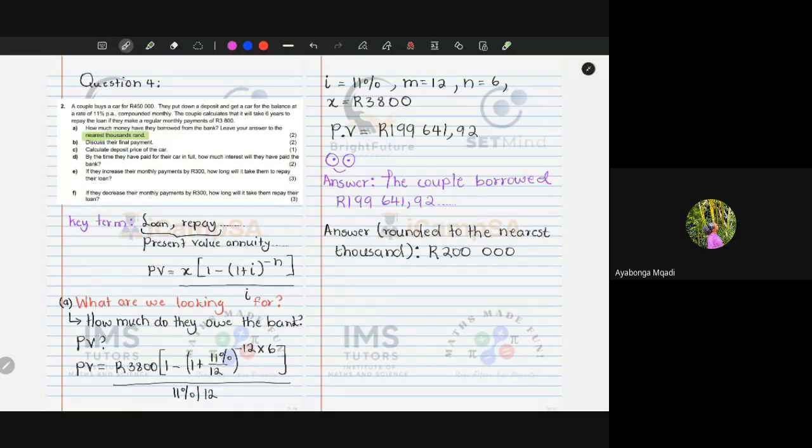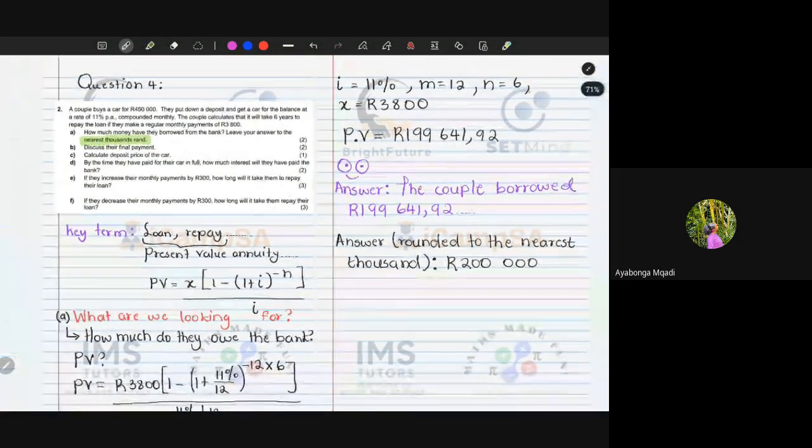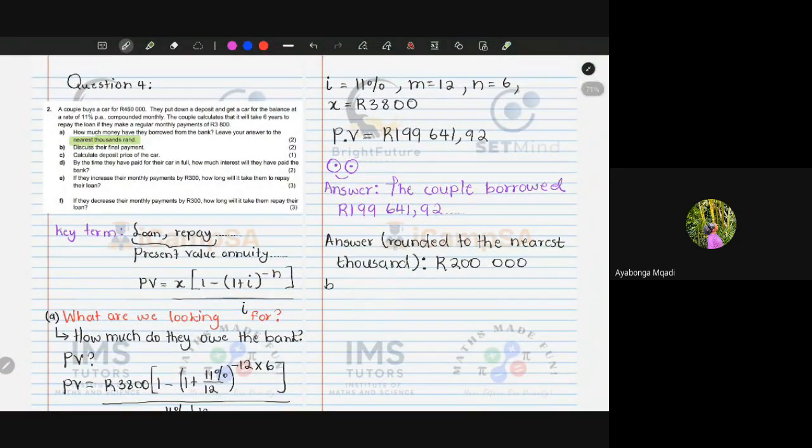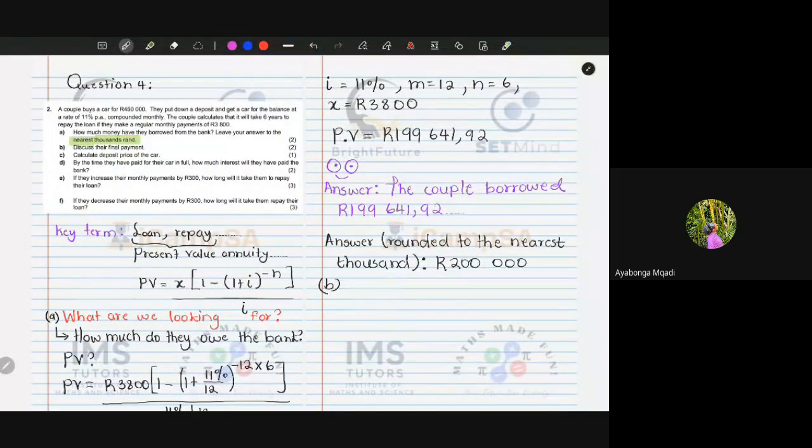And then question B, they say, discuss the final payment amount. What do you think they are looking for, guys, on B? What are they looking for? Discuss their final payment.